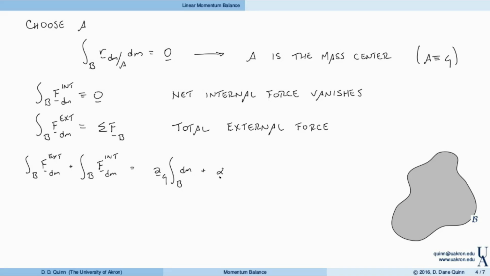And then we have alpha cross r dm with respect to G, and then plus omega cross omega cross r. So again, this was the expression from the previous slide.